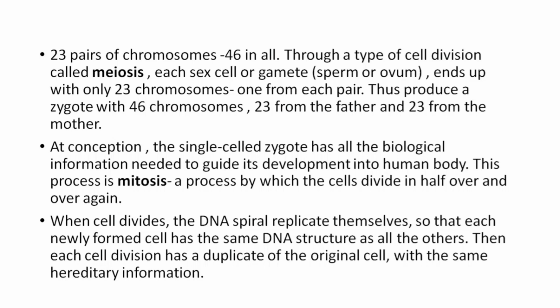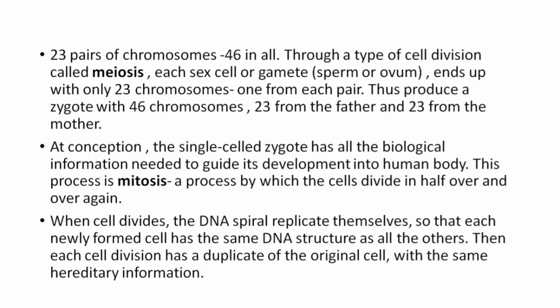A few hours after sperm penetrates ovum, the sperm cell begins to degenerate, releasing its genetic material. The nucleus of the ovum releases its own genetic material and a new cell nucleus is created from the genetic material provided by mother and father.